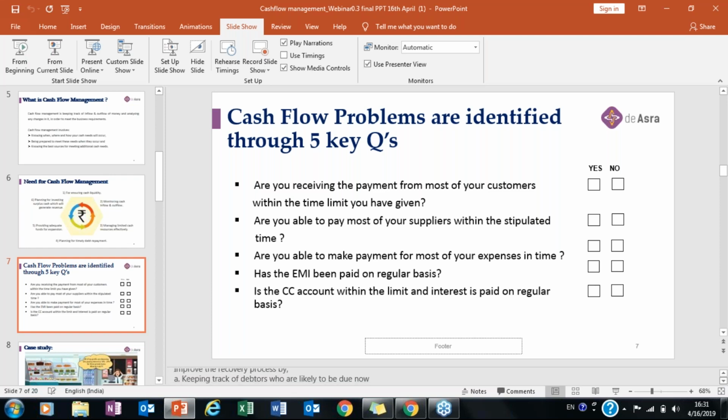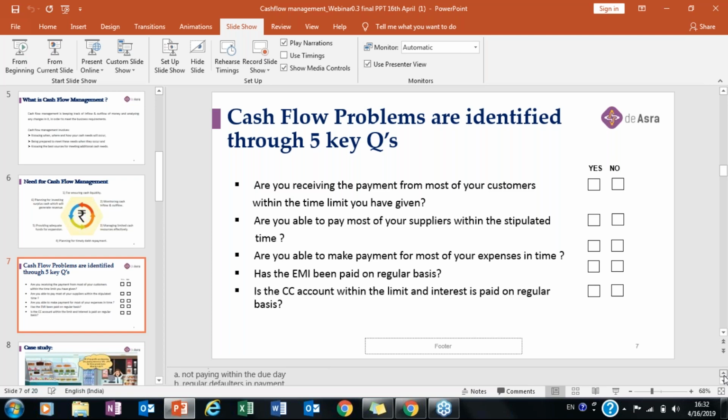So improve the recovery process by keeping a track of debtors who are likely to be due now. Reduce exposure to customers who are not paying within the due date, the regular defaulters in payments. So you need to identify the regular defaulters in payments.